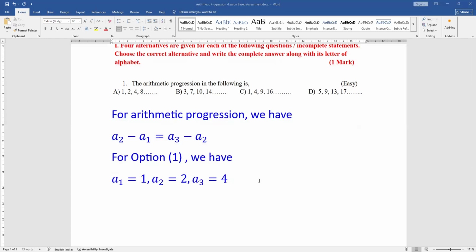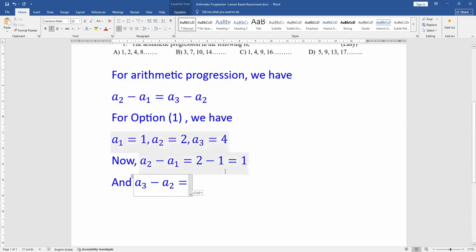Now A2 minus A1. A2 minus A1 is 2 minus 1, which will be equal to 1. Okay. Next, A3 minus A2.